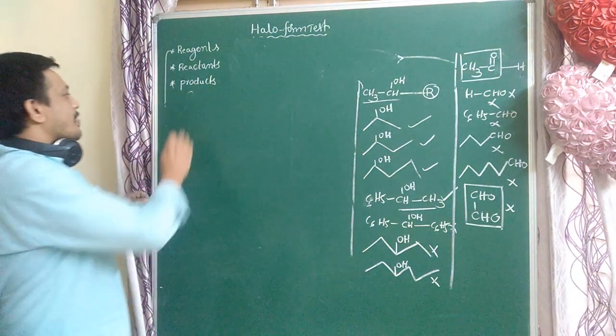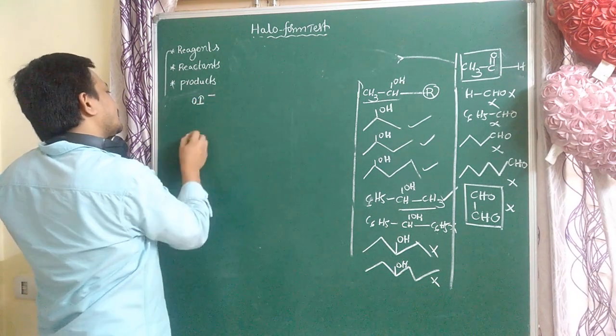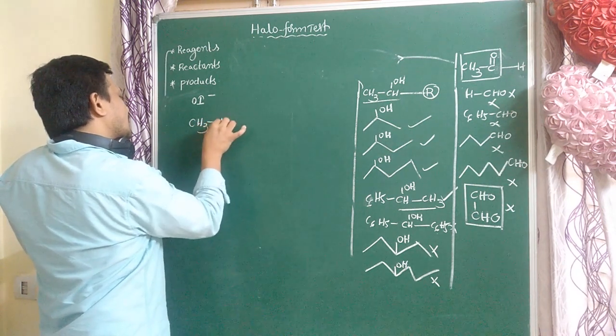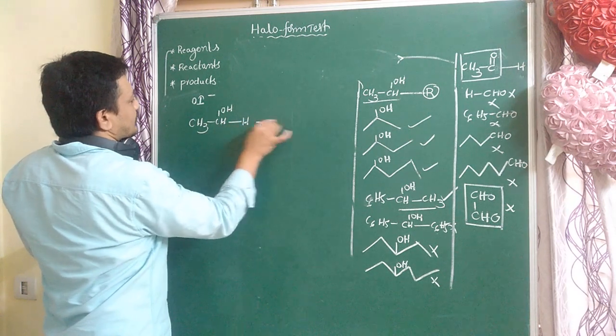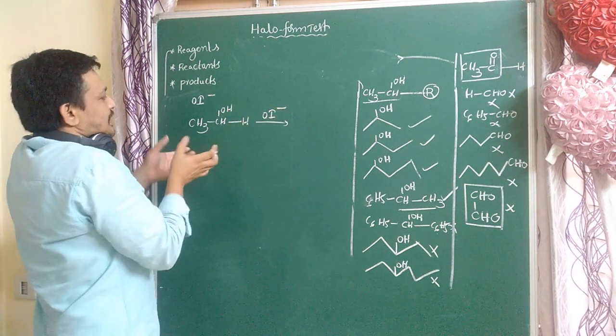For example, IO minus is given with ethyl alcohol. What is the reaction? This is the Haloform reaction.